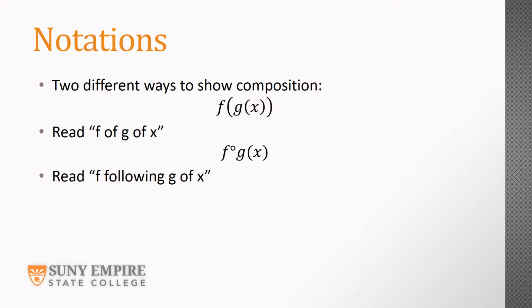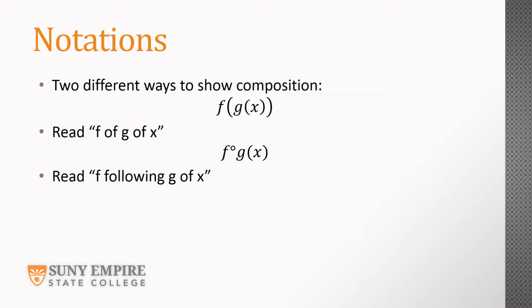There is another common notation for composition. It looks like (f ∘ g)(x). This notation is read as f following g of x. Although the two notations are slightly different and read differently, we work through the problems in the same fashion. Start at x and work outwards.